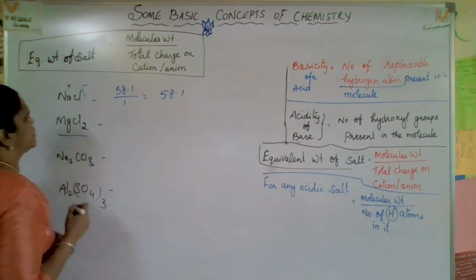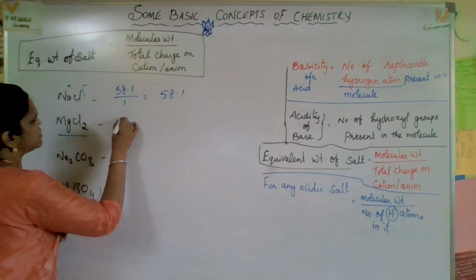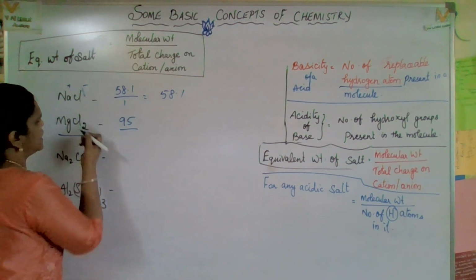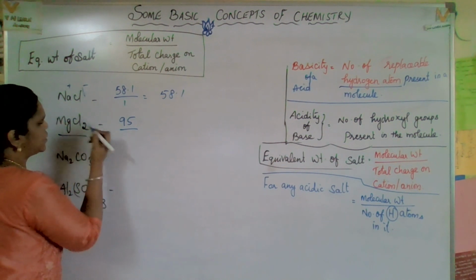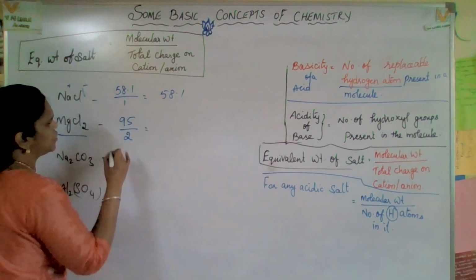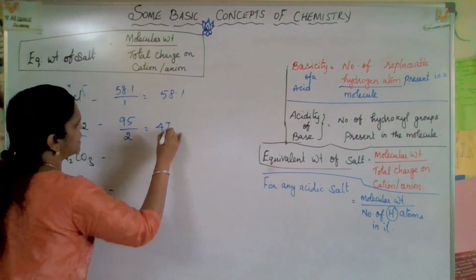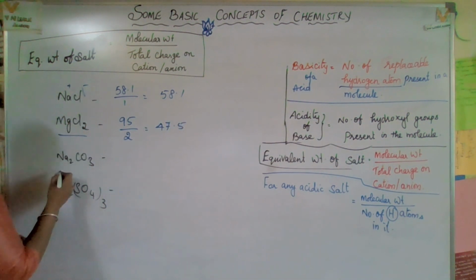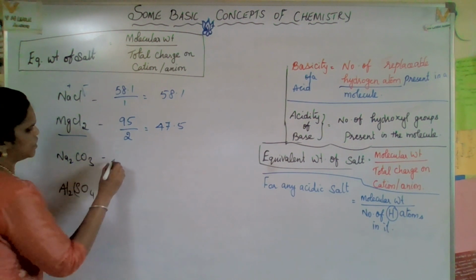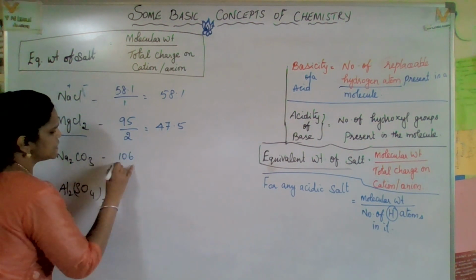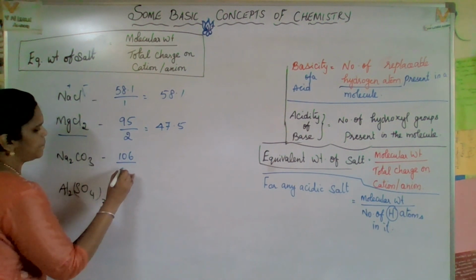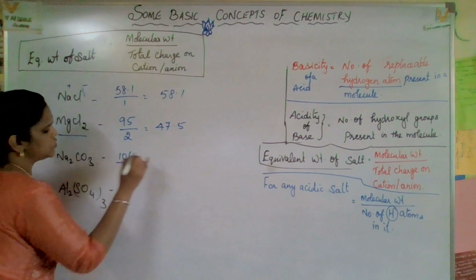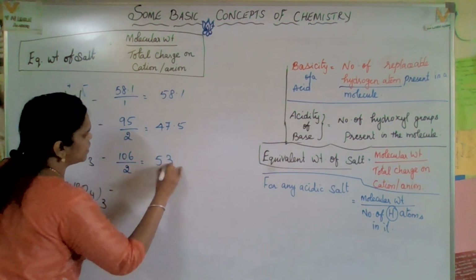And MgCl2, molecular weight how much? 95, and Mg 2 plus and Cl 2 minus, MgCl2, right? So here you will get 2, so you will get 47.5 as the equivalent weight of MgCl2. And the same way Na2CO3, molecular weight 106 divided by 2. So you will get 53.